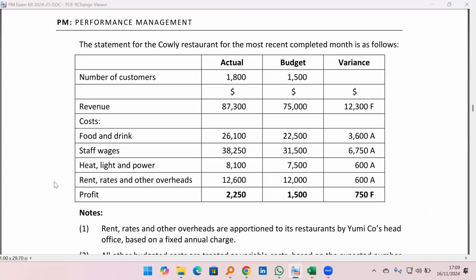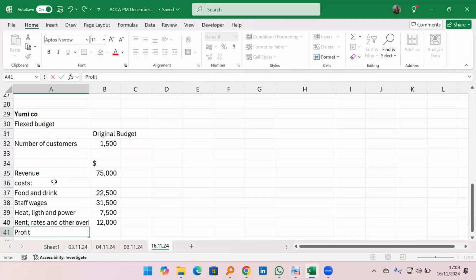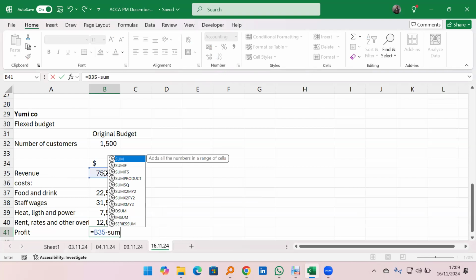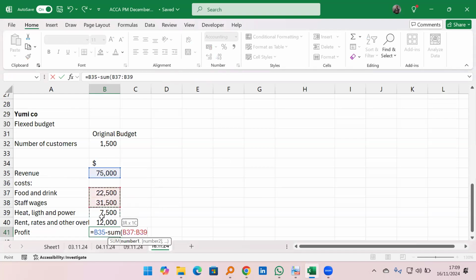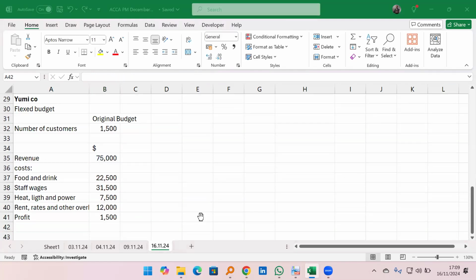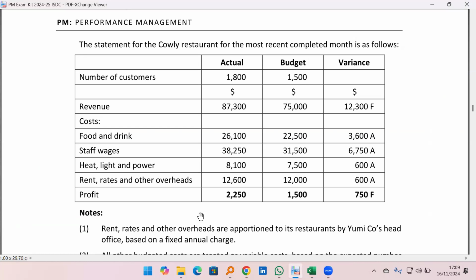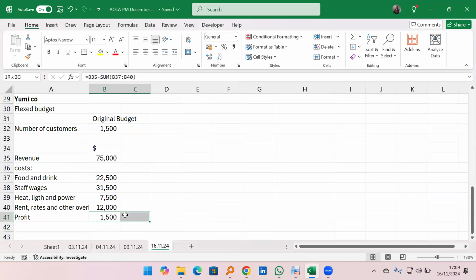And then profit, which is basically the revenue minus the sum of these costs, which is 1,500. So that's the original budget.